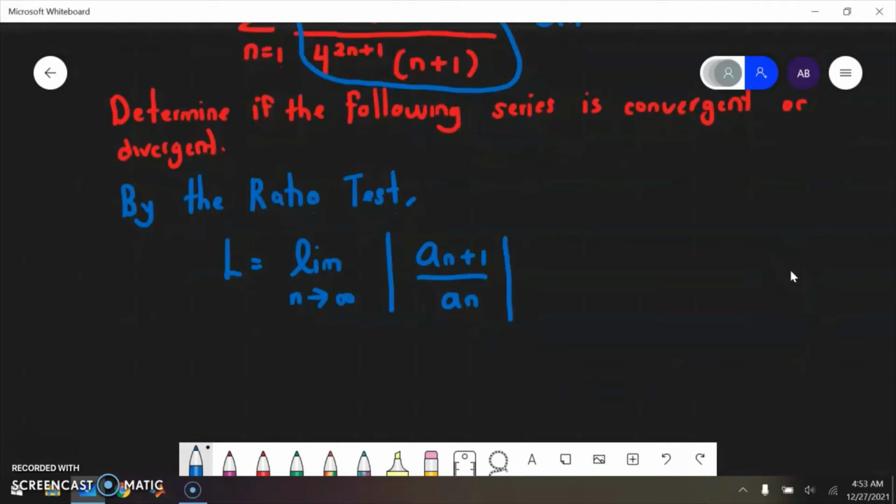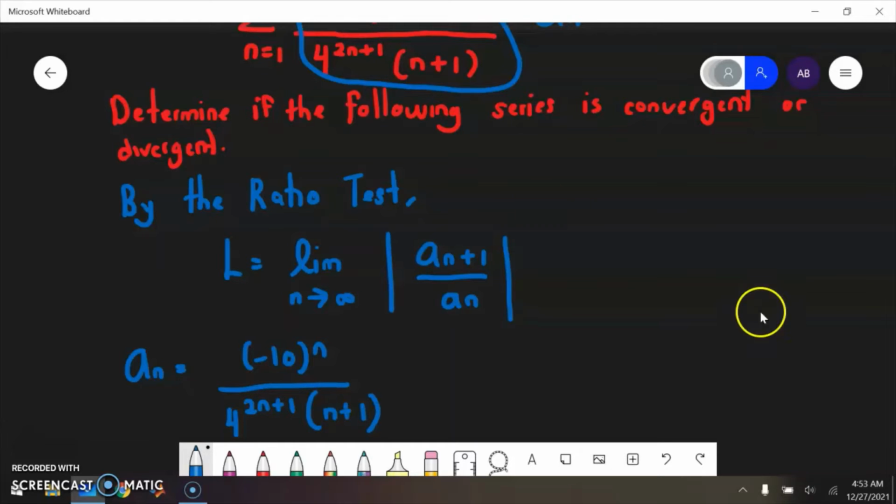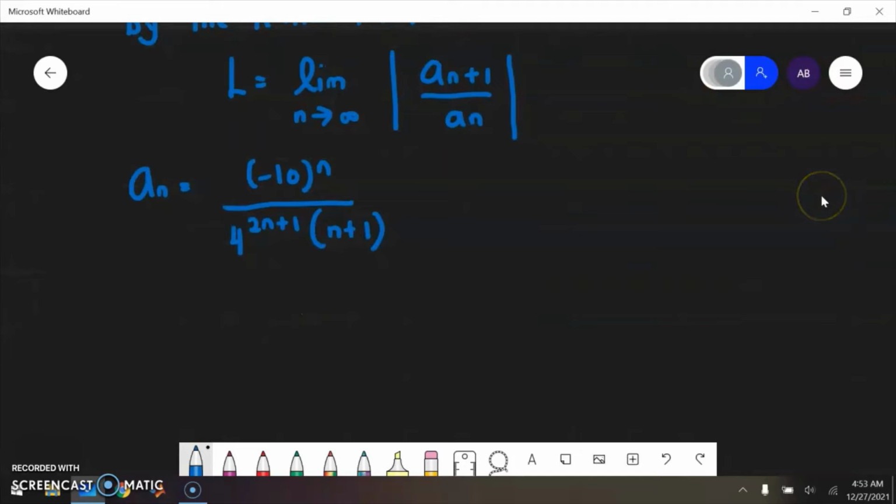If a_n equals negative 10 to the power of n over 4 to the power of 2n, times n plus 1, and you need to find a_(n+1), then when you see n, you have to add 1: n becomes n plus 1.